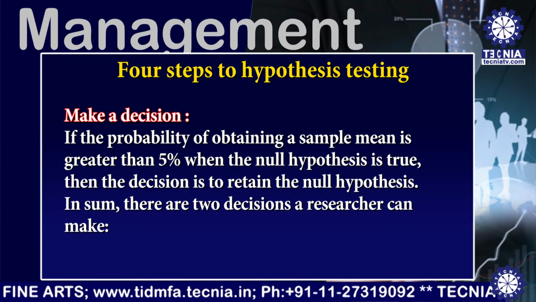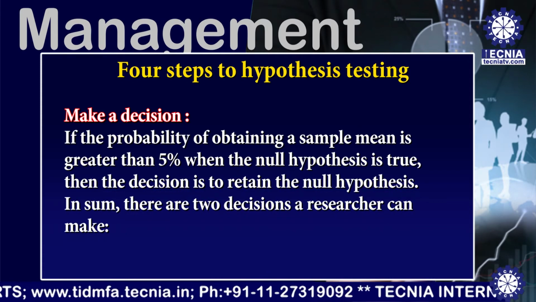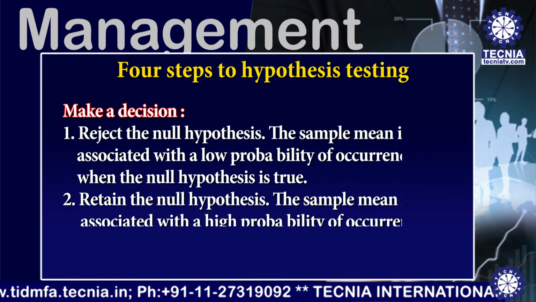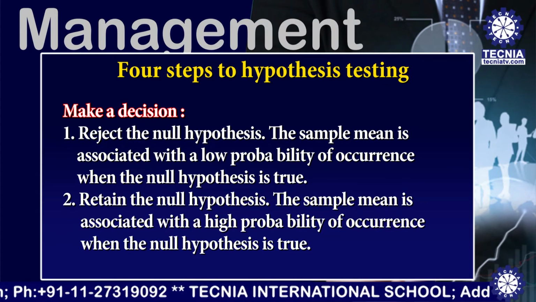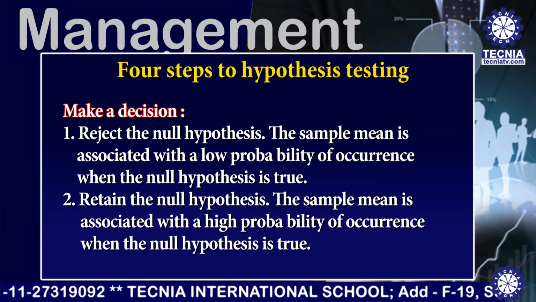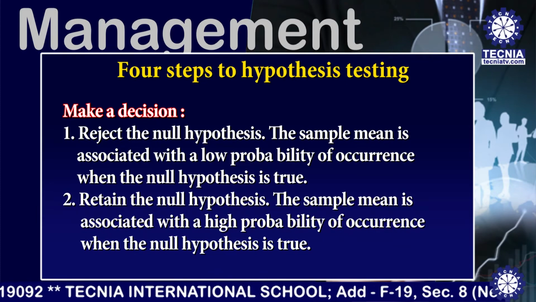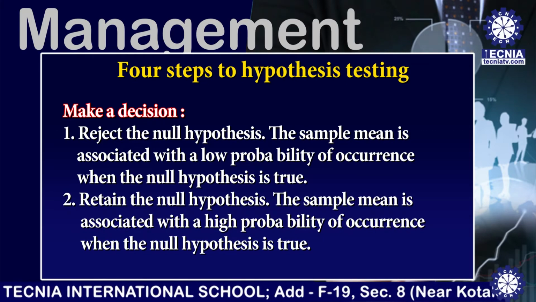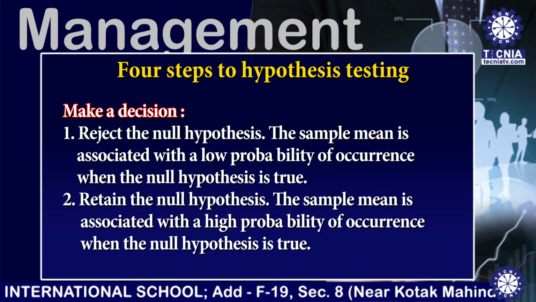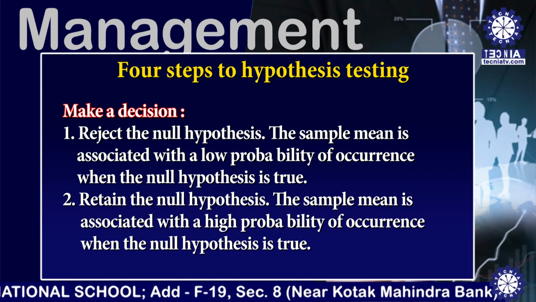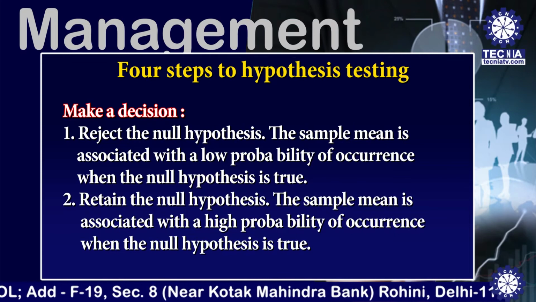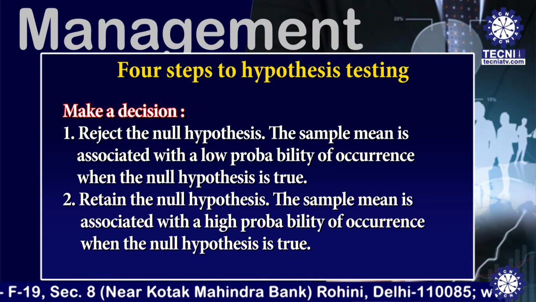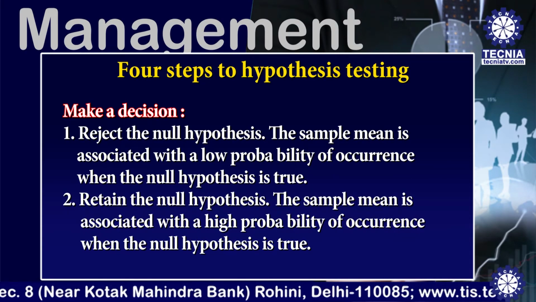In sum, there are 2 decisions that a researcher can make. First one, reject the null hypothesis. The sample mean is associated with a low probability of occurrence when the null hypothesis is true. And the second, retain the null hypothesis. The sample mean is associated with a high probability of occurrence when the null hypothesis is true.